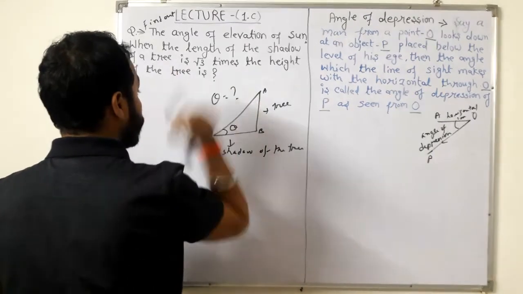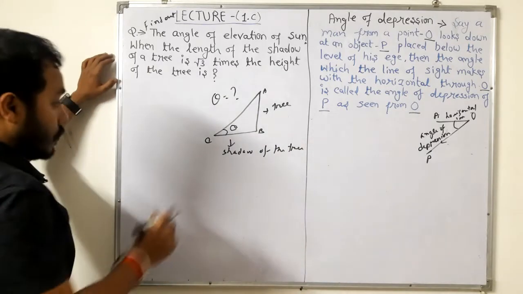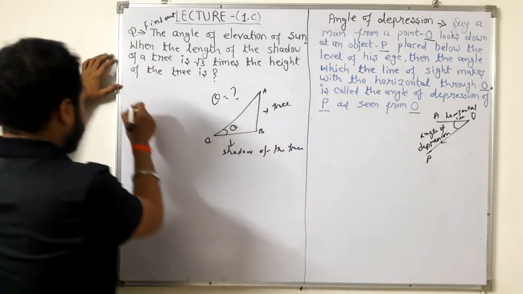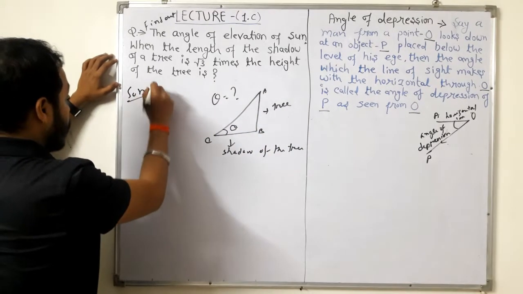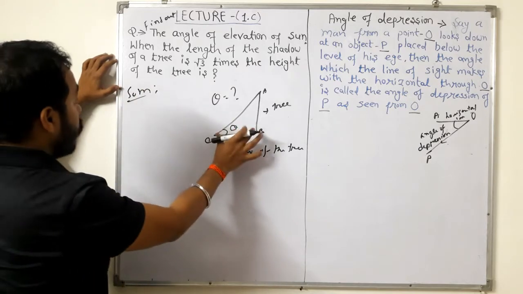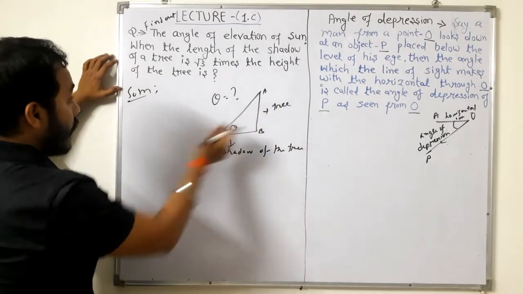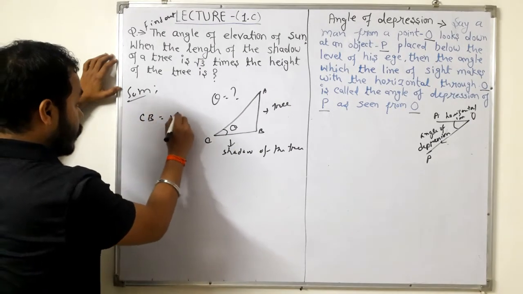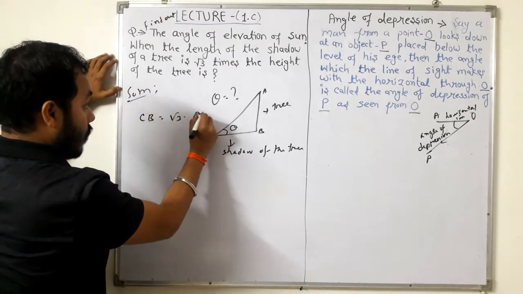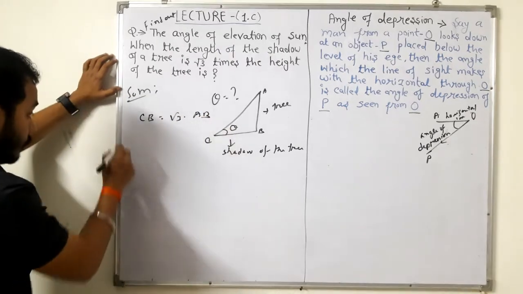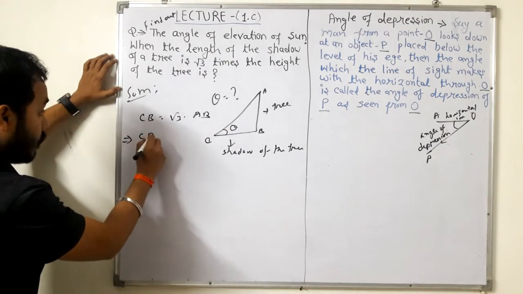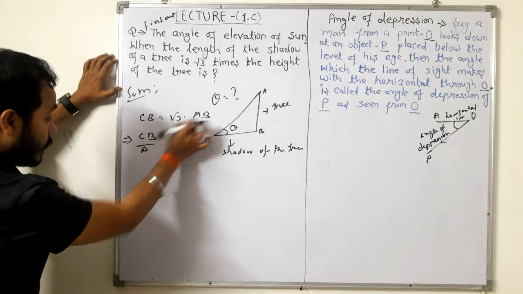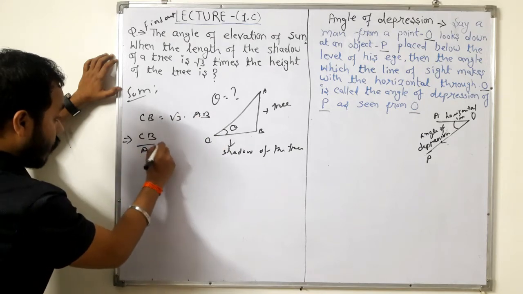The question gives us that the shadow is root 3 times the height of the tree. So the shadow CB is root 3 times AB, so CB by AB is root 3.